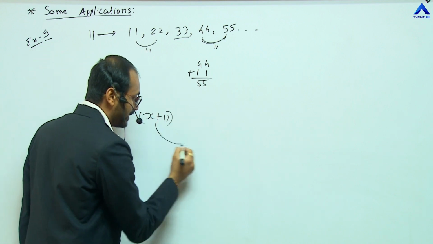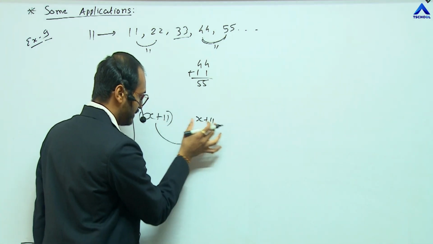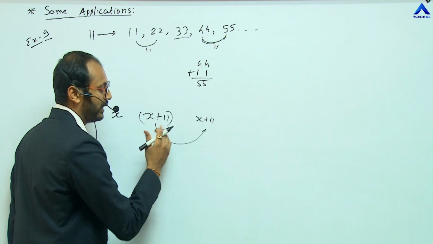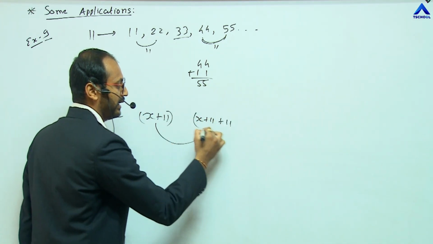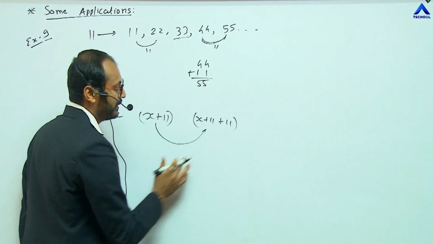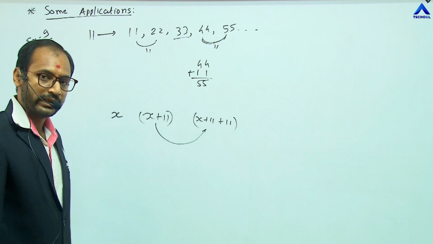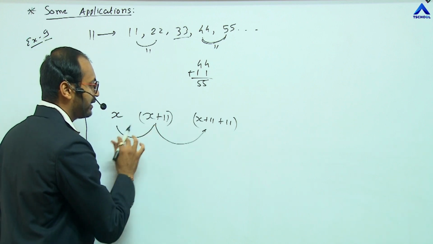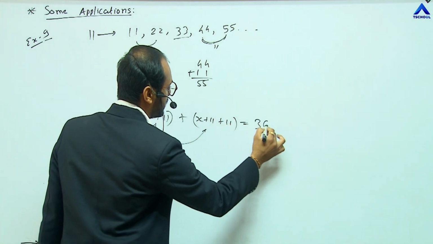And the next multiple after this is x plus 11 plus 11, that means x plus 22. So these are the three consecutive multiples, and the addition of these three is 363.